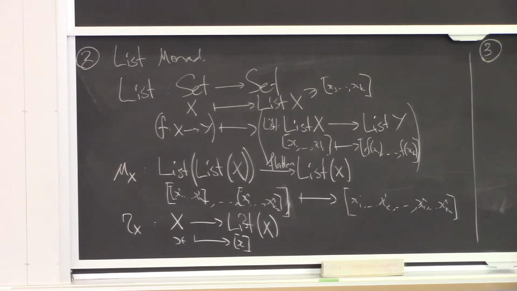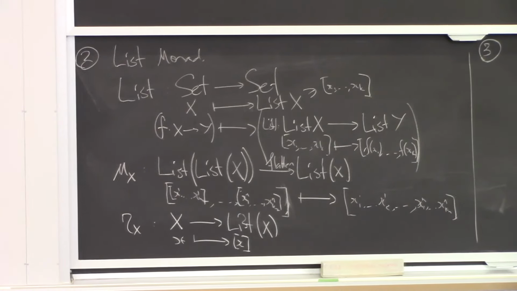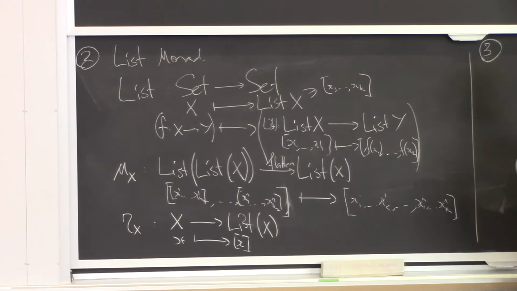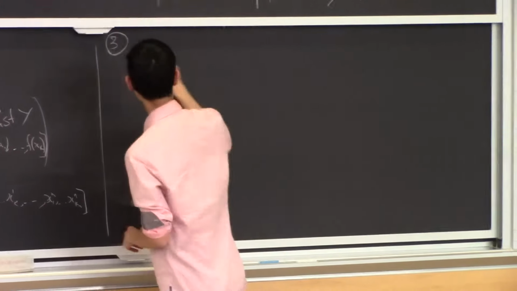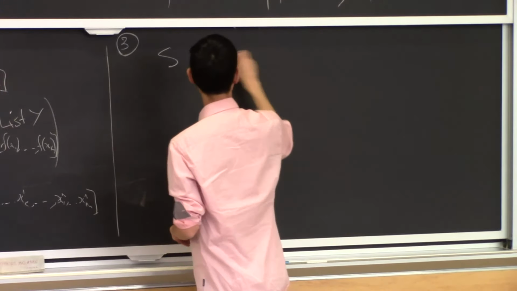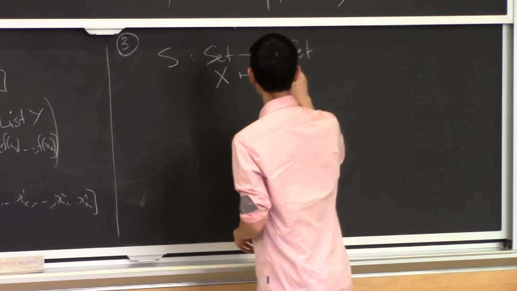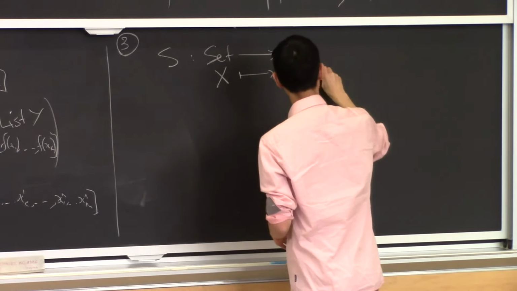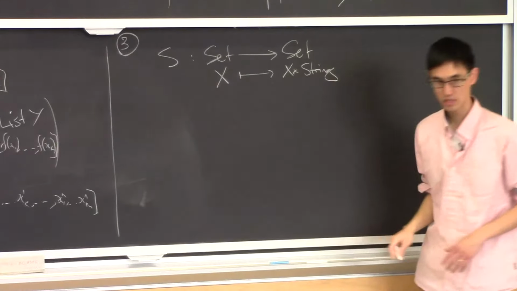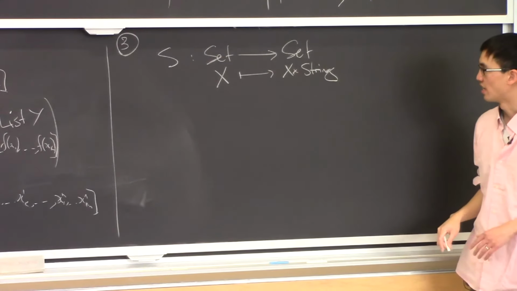The other thing, another functor I just want to talk about, since we talked about it in the introduction, is this functor s from set to set, which takes a set and times it with a string.